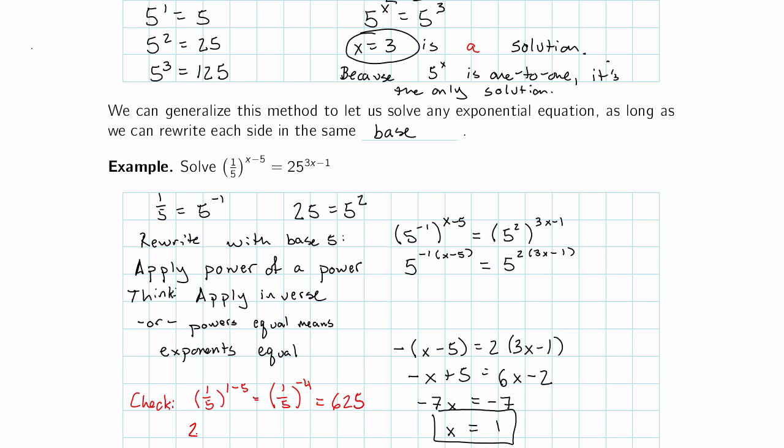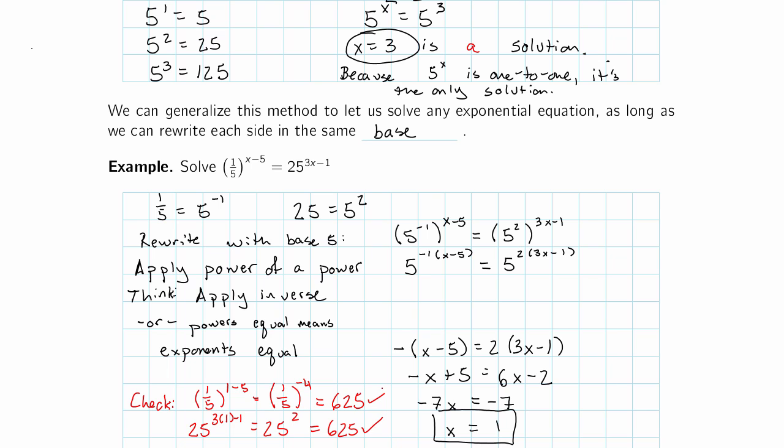If I take 25 to the 3 times 1 minus 1, that's 25 squared. That's 625 again. So we get the same thing. That really is a solution. And because the exponential is 1 to 1, we know that there's only one solution. So as long as we can rewrite both sides with the same base, we can use this technique.